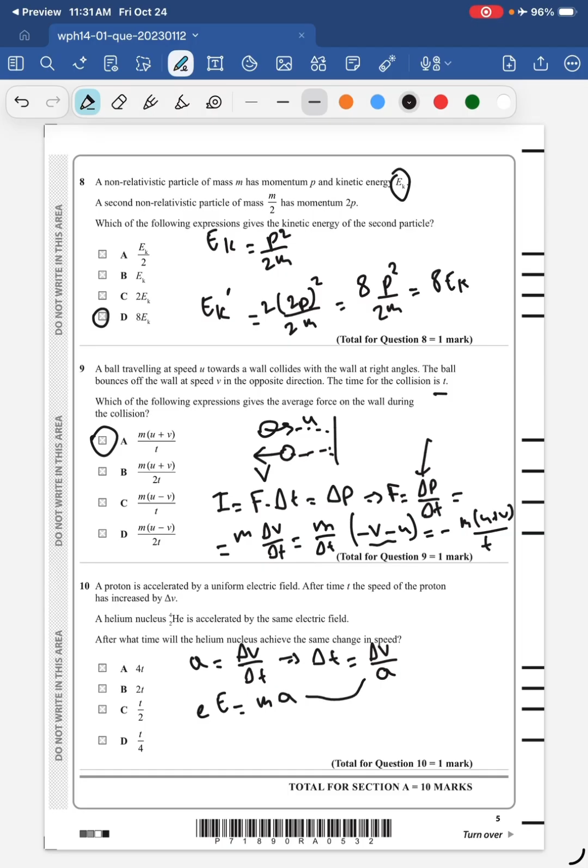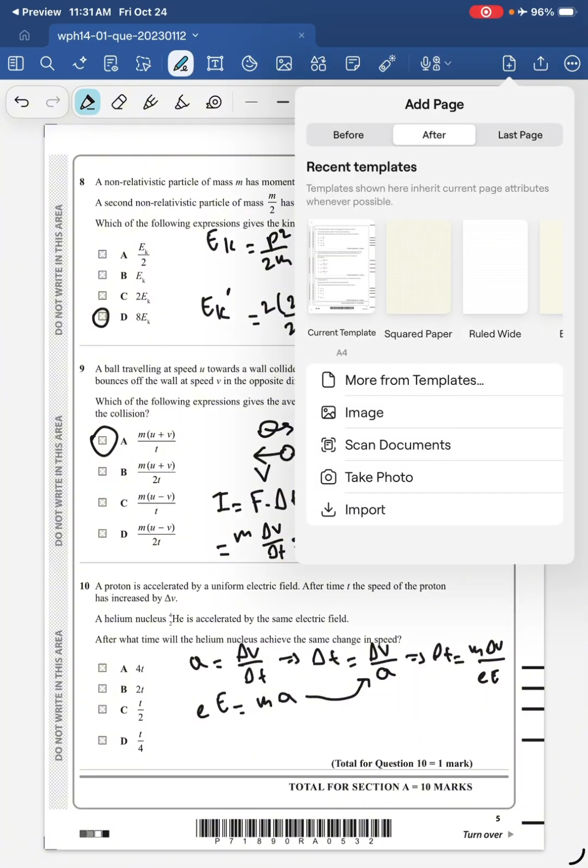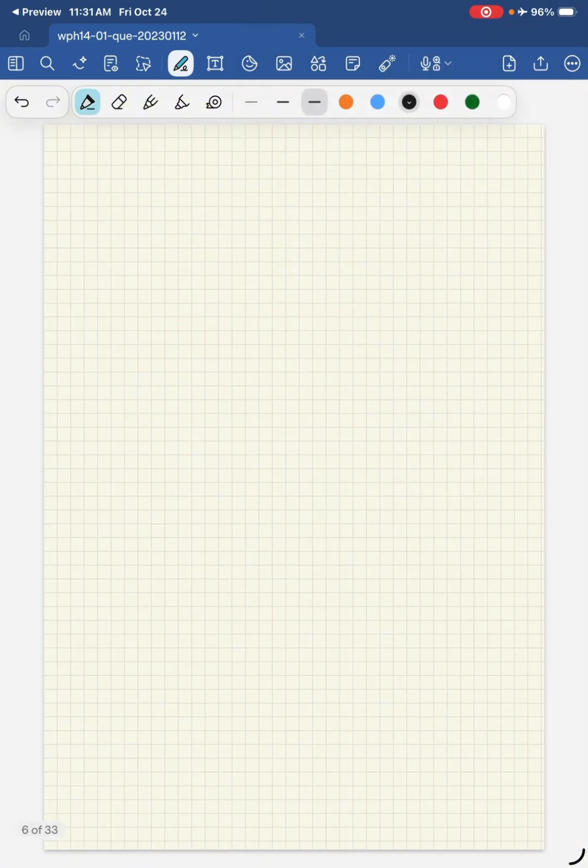So you can substitute the expression for a into there. So delta t for the proton is going to be m delta v over e times E. Let me use a clean page, okay? So delta v for the proton is e times E times delta t over m.